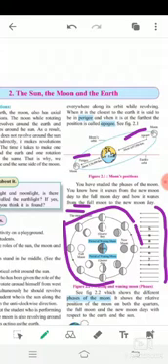From the new moon to the full moon, the illuminated part of the moon goes on increasing gradually. Similarly, from the full moon to the new moon, the illuminated part of the moon goes on decreasing gradually.